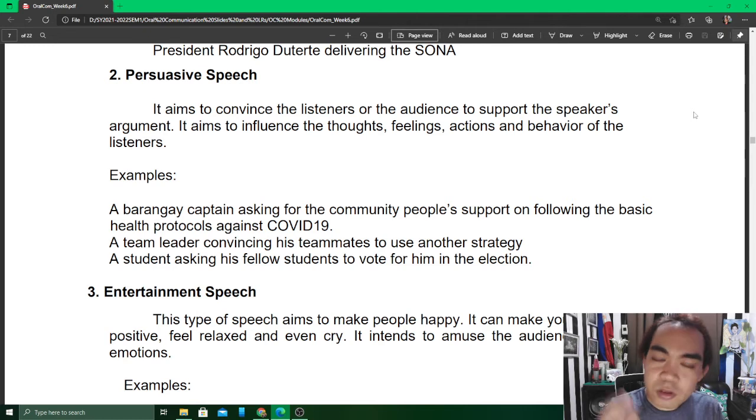But persuasive speech is not only about politics. It also applies when someone wants to get your sympathy, to get you on their side. For example, when a man courts a woman and sweet-talks her so that she agrees to meet up, that is also an example of persuasive speech, when you're trying to capture the emotion or the support of somebody.